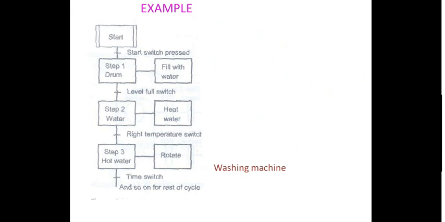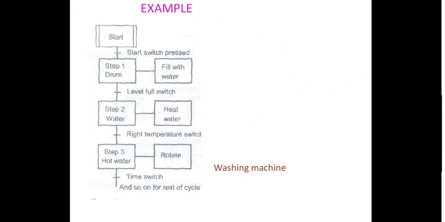So if it is a continuous process, then probably you may have to go back to the start. You need not necessarily always go to the start command. Somewhere in between also you can go, depending upon the type of the operation that you are going to carry out there, right? In this way, it is possible for us to have the application of the sequential function charts and how we should be able to draw the ladder diagrams for the sequential function charts in the specific applications.